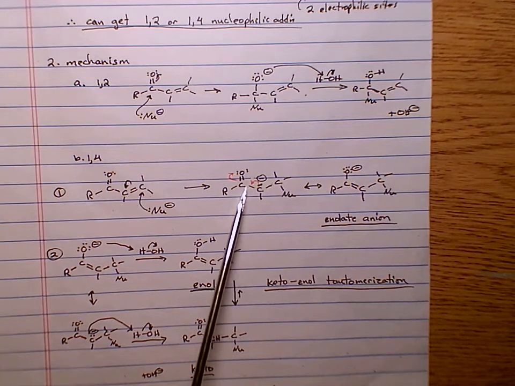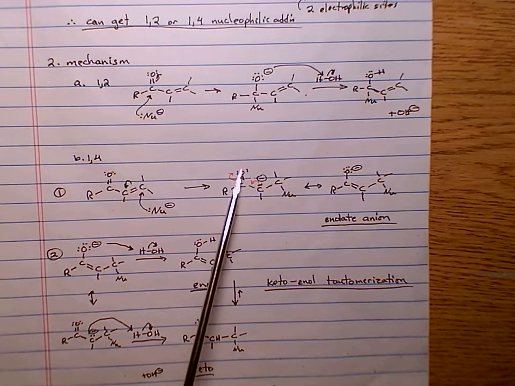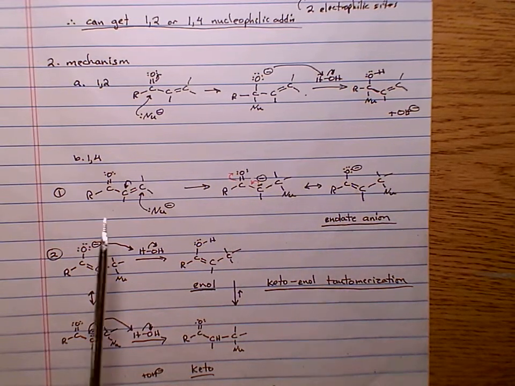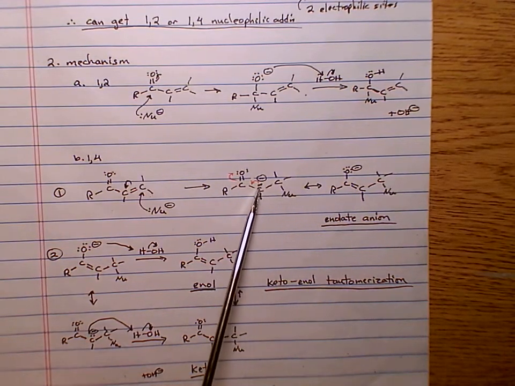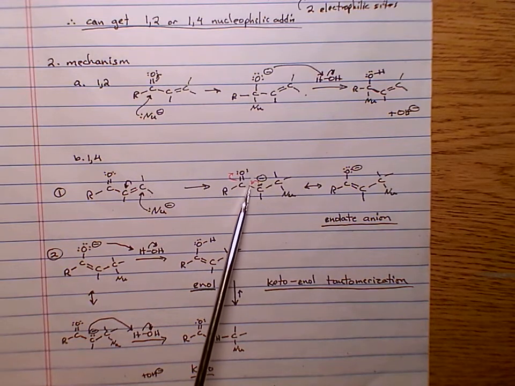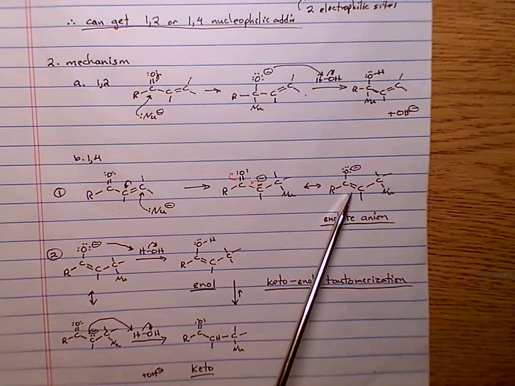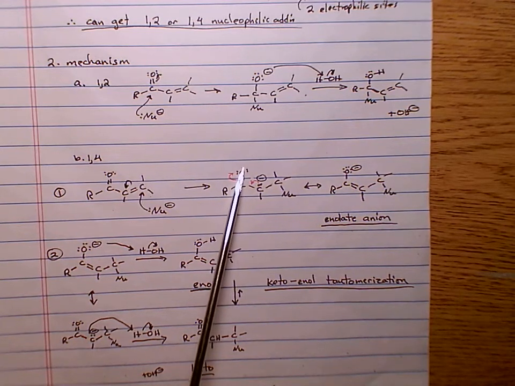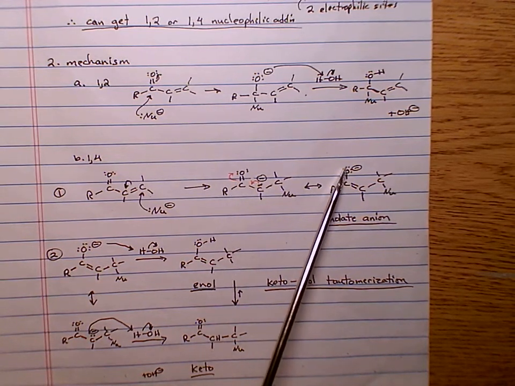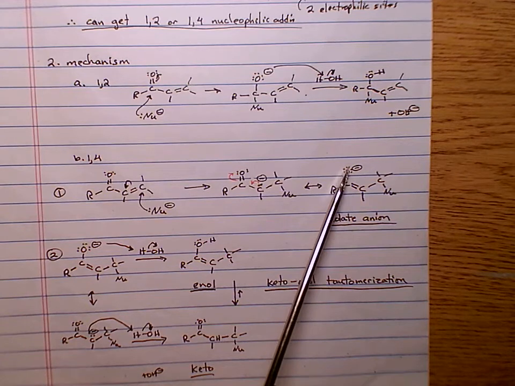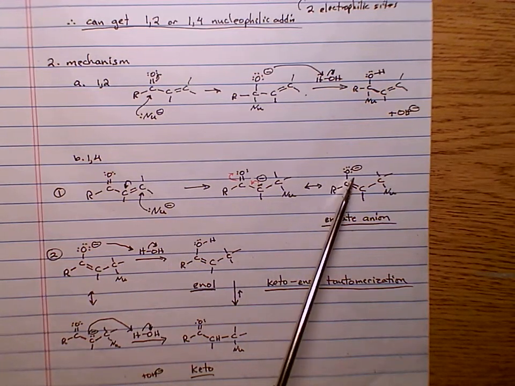We can just put the pi bond here, but then this pi bond will have to break and put the lone pair up on the oxygen, so that's what will happen. This lone pair on this carbanion becomes a pi bond between these two, and the pi bond here breaks, becomes a single bond. The pi electrons become non-bonding lone pair electrons up here, and we have the negative charge up here.